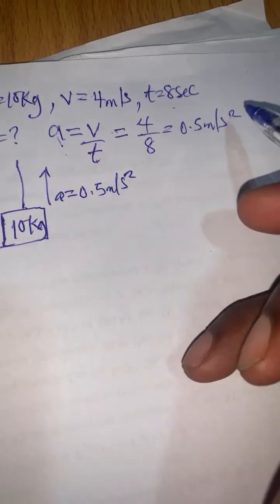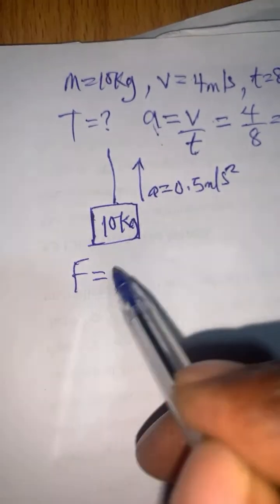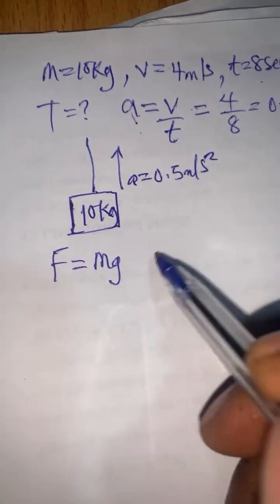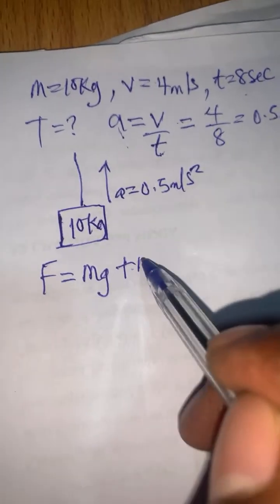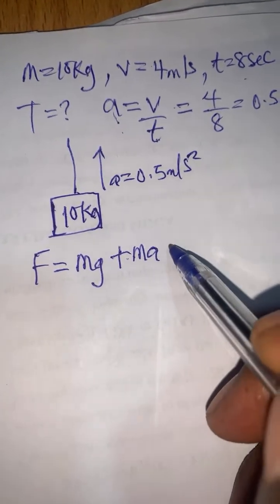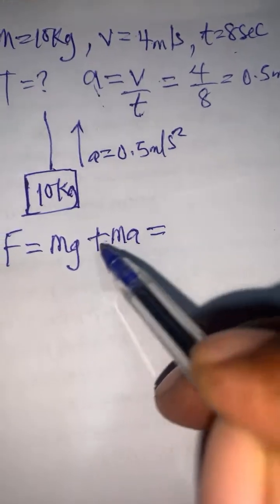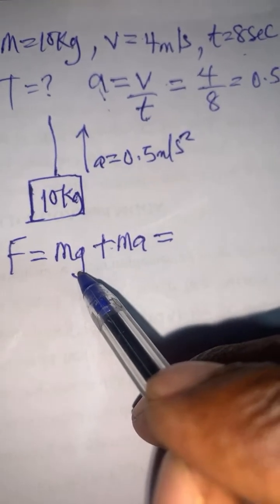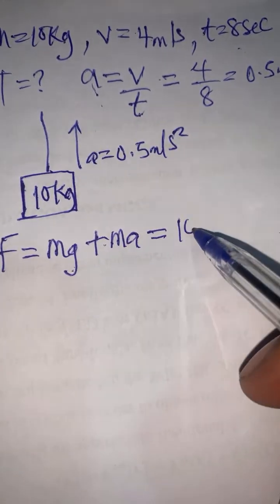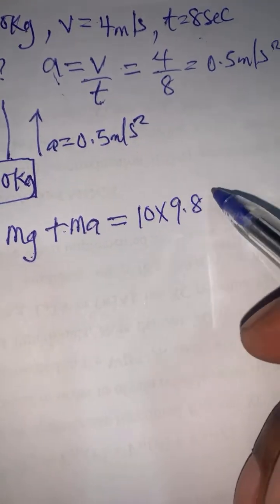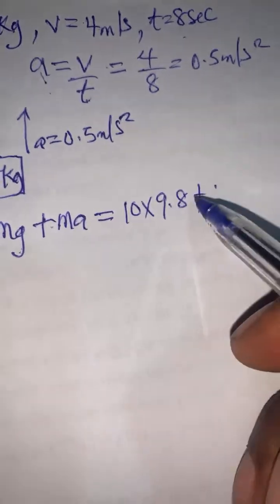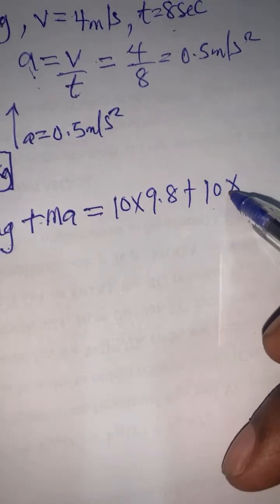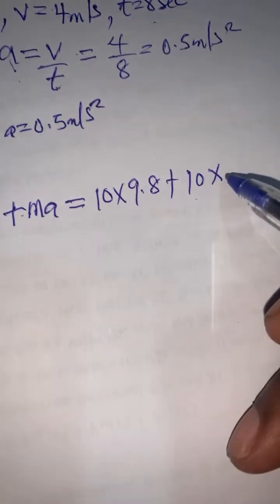That means the force will be equal to the mass times gravity plus mass times acceleration. Gravity is given as 9.8, so you use 10 multiplied by 9.8 plus 10 multiplied by 0.5.